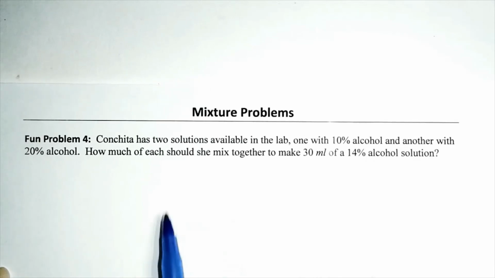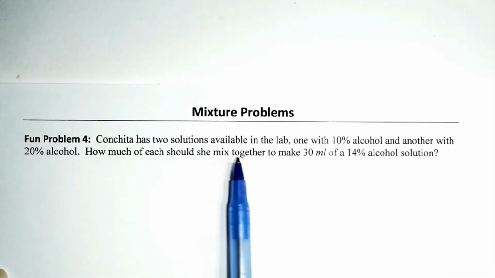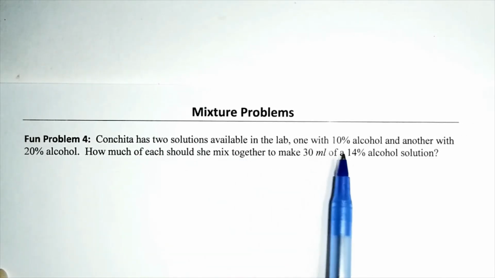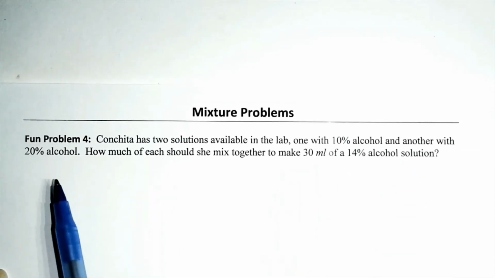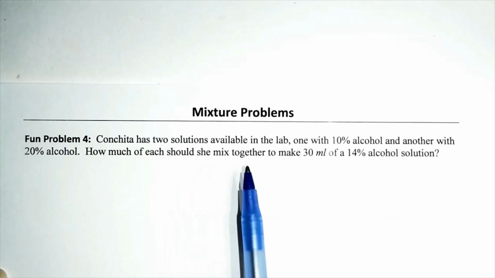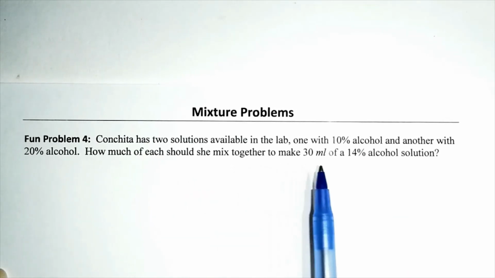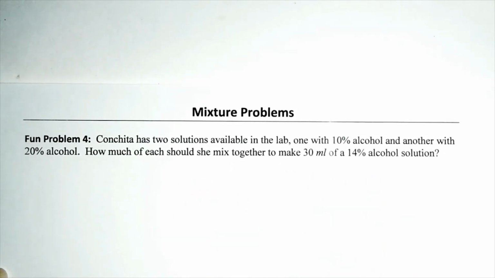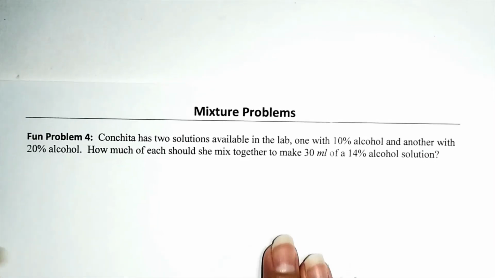It says Conchita has 2 solutions available in the lab, one with 10% alcohol and another with 20% alcohol. How much of each should she mix together to make 30 milliliters of a 14% alcohol solution? So, something about mix. Okay, so it's a mixture problem.